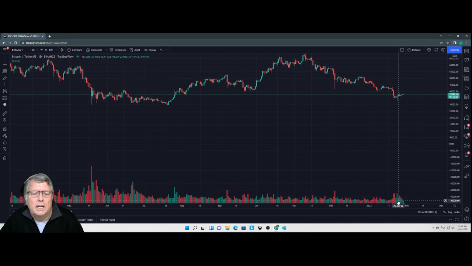So if we're seeing high volume come in, now we're starting to see there is higher red volume than there is green volume, but this is starting to look like it could possibly turn around. Hard to say, because right now literally this is lower volume still on the bullish side than on the bearish side.